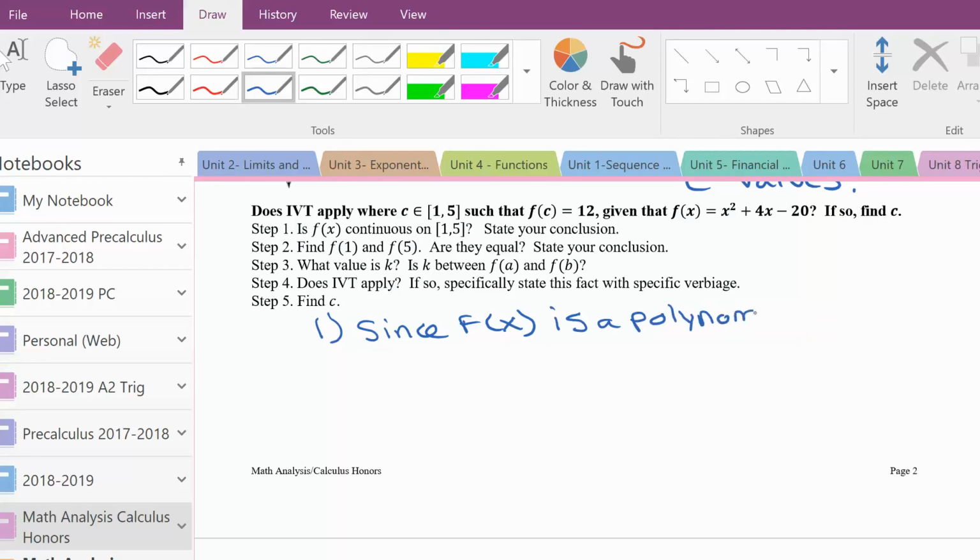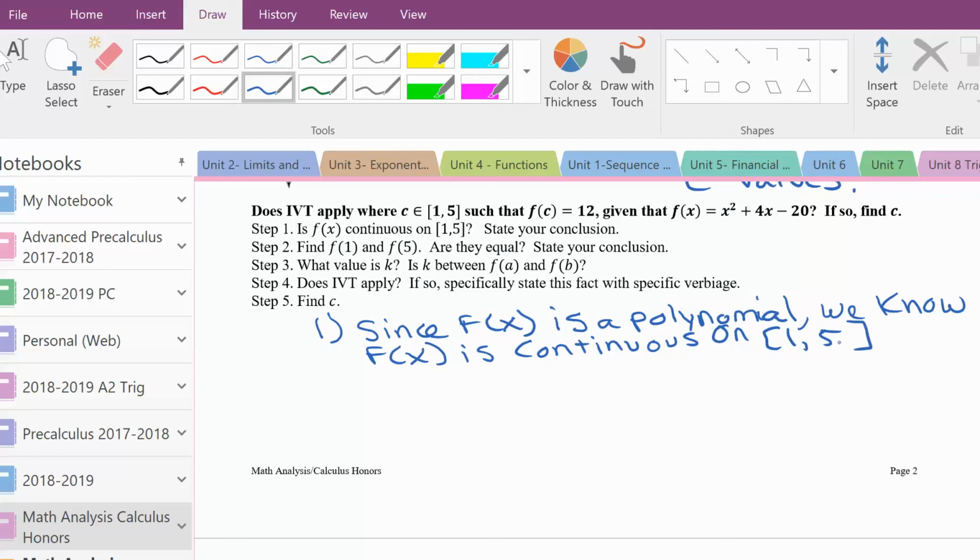So since it's a polynomial, we know that it is continuous on the interval from 1 to 5. So that's step 1. We know it's continuous from 1 to 5.